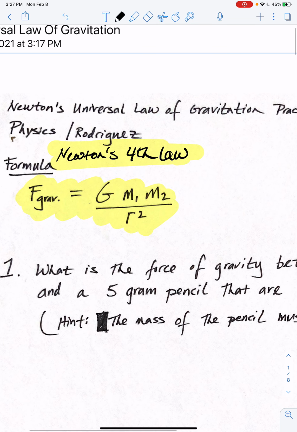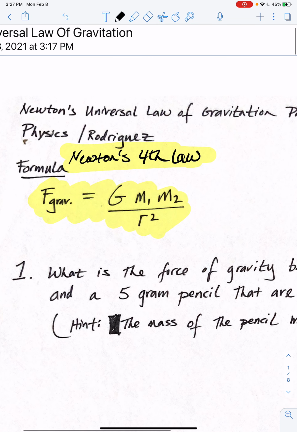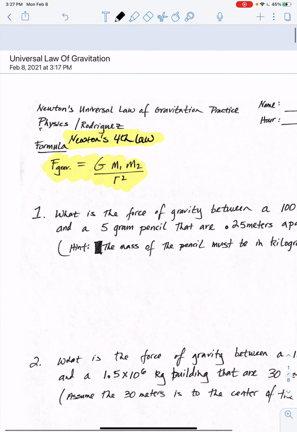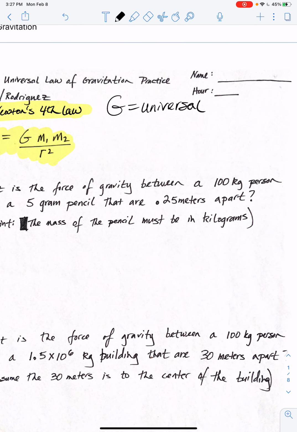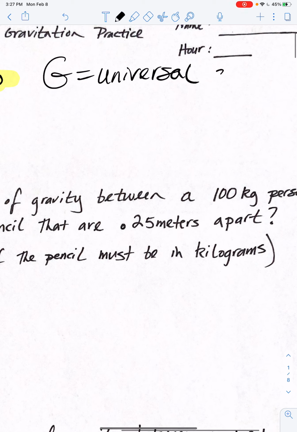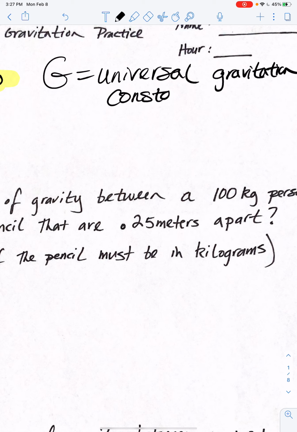G is the universal gravitational constant. And it's just a number, but it's a very small number.